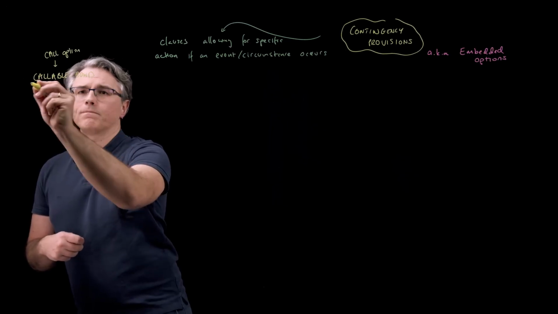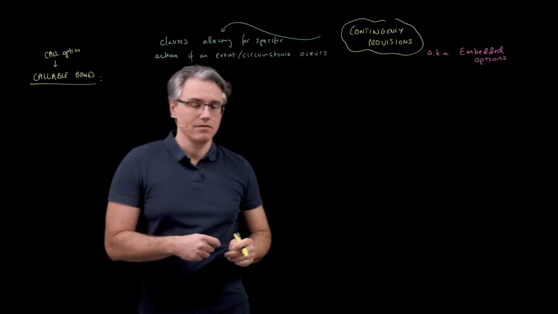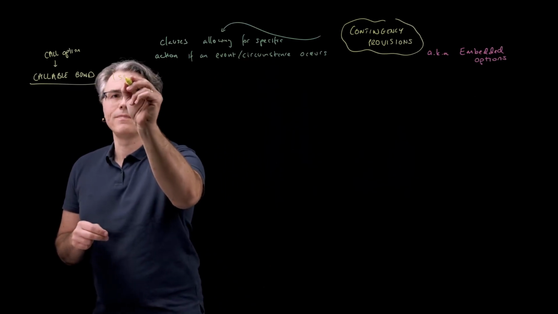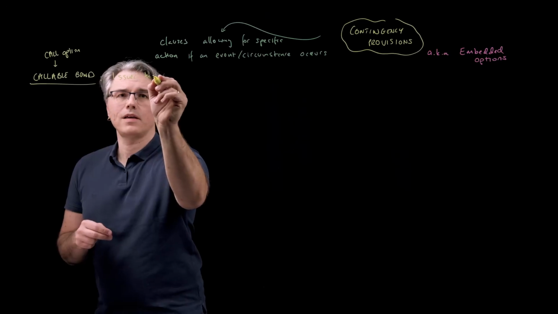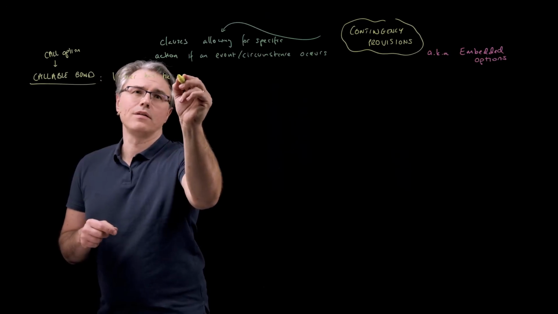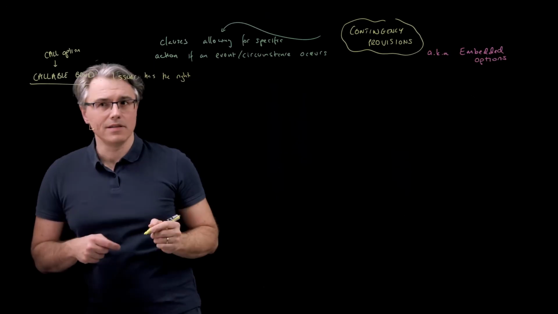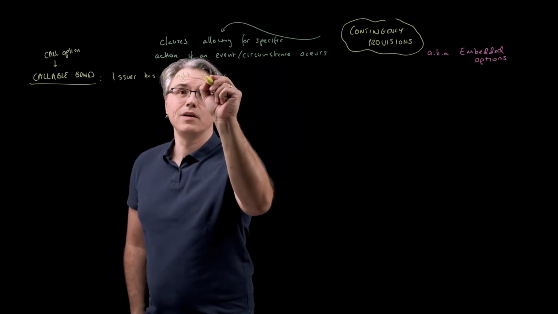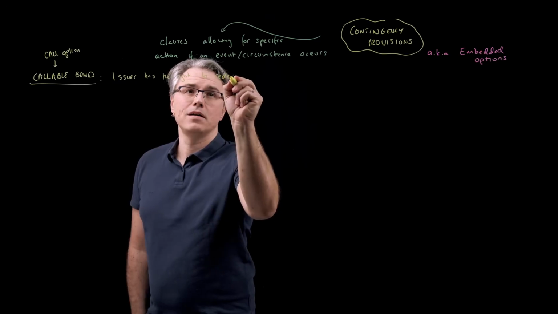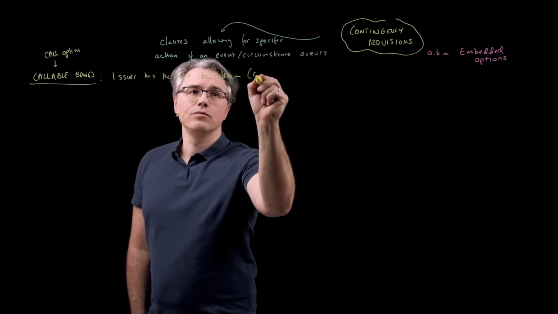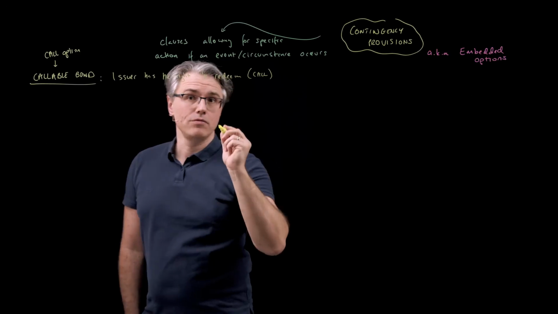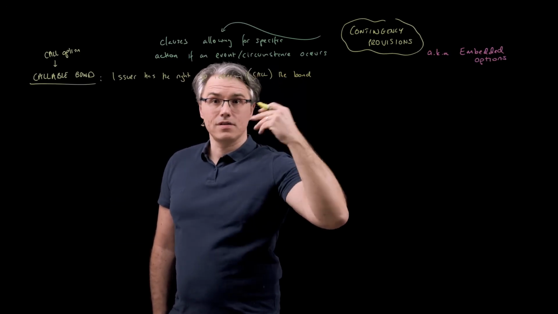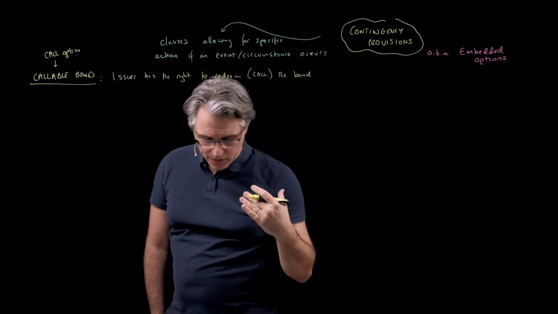And if that's the case, what can happen is the issuer has the right to basically buy the bond back, to redeem it, or as we can say, call the bond ahead of its standard maturity date.